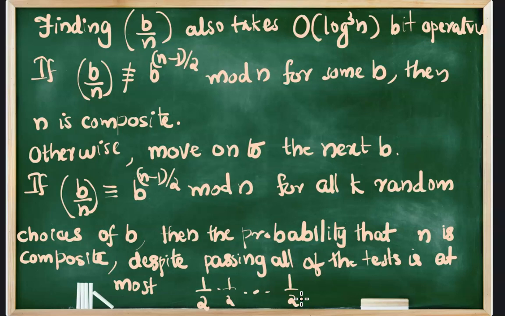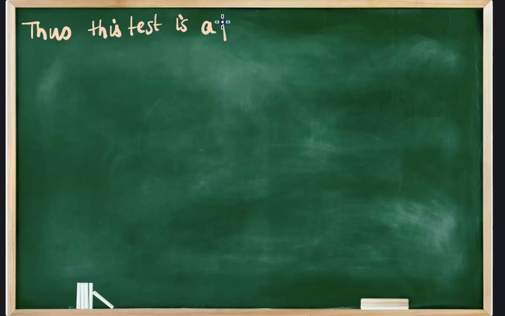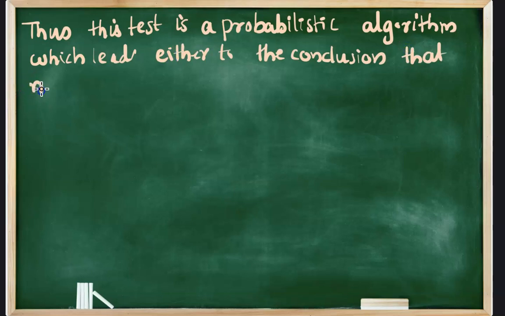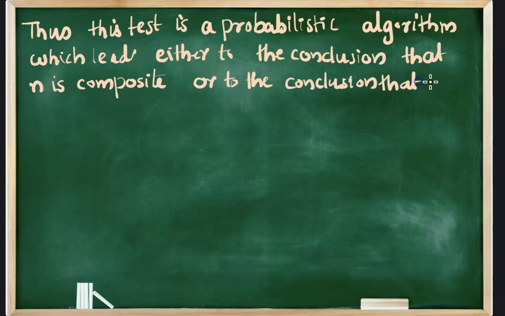So the probability will be 1/2 times 1/2 times etc., k times, which will be 1/2 raised to k. Thus, this test, the Solovay-Strassen test, is a probabilistic algorithm which leads either to the conclusion that n is composite or to the conclusion that it is probably prime.